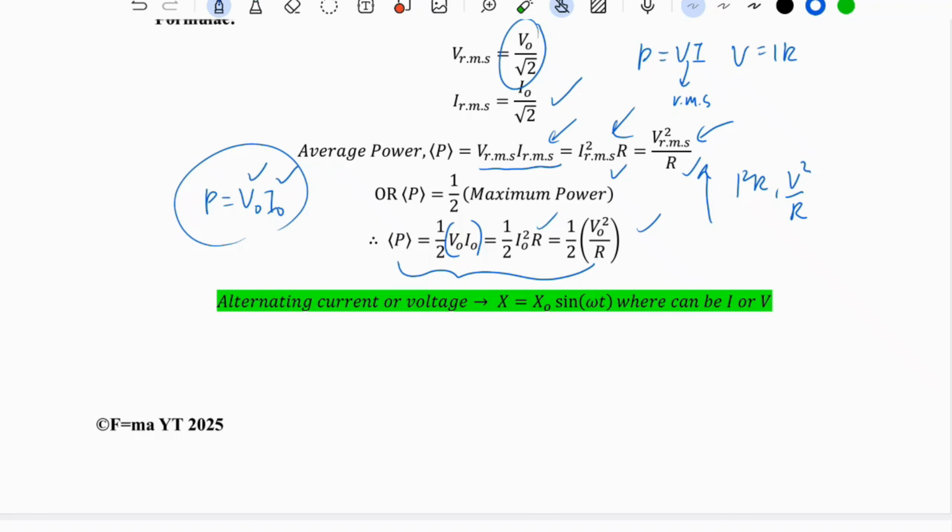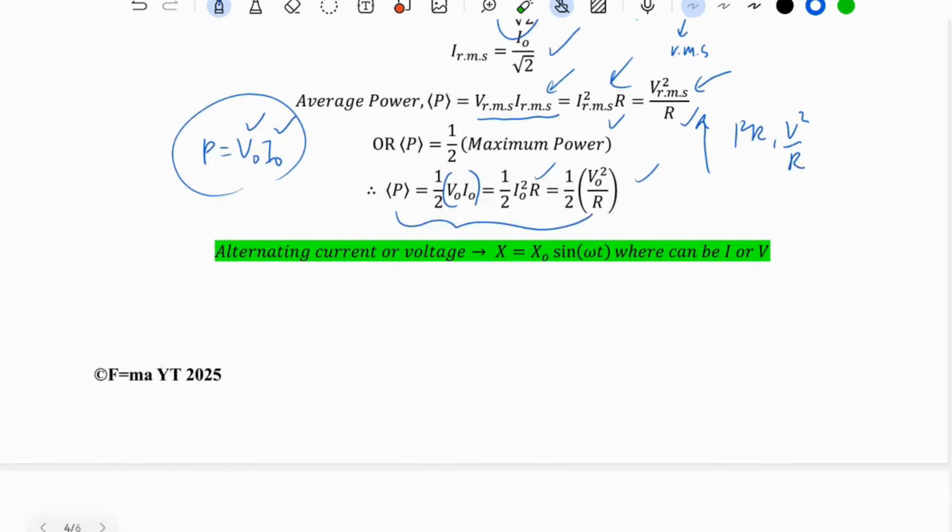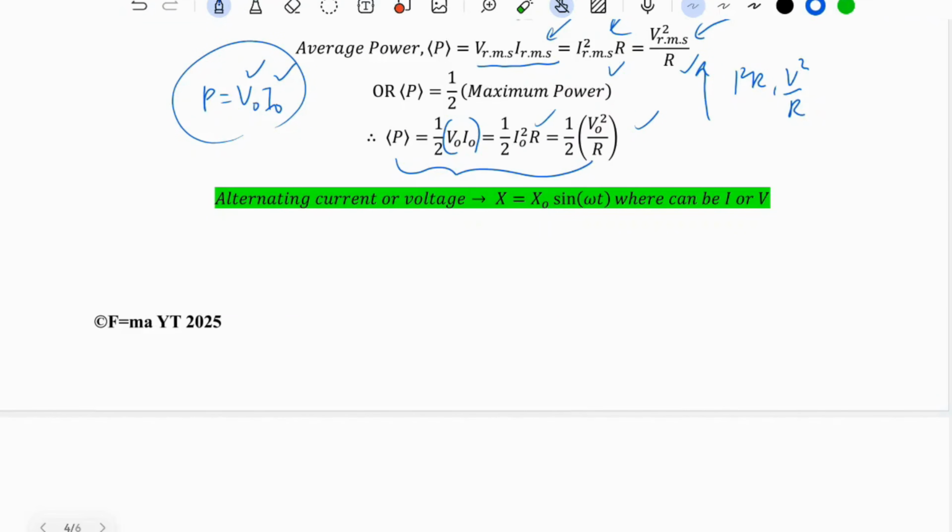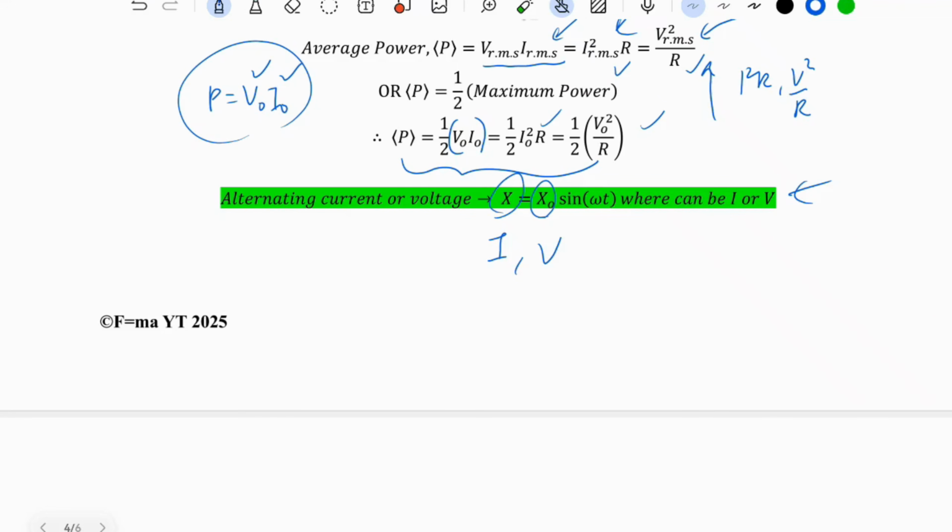So depending on what information the question gives, you can use it accordingly. Okay, then we have alternating current or voltage. What I mean is the X and X naught here can either be current or potential difference. And good news, it is given in your exam as well.